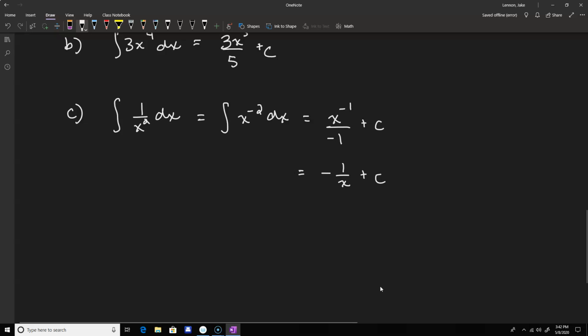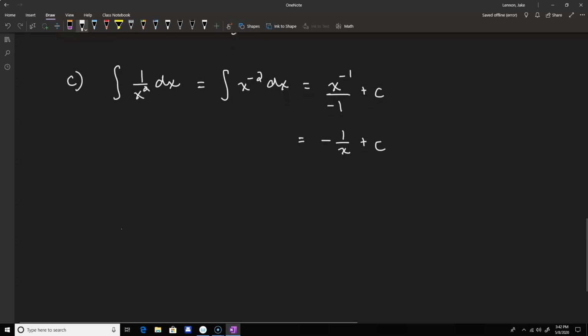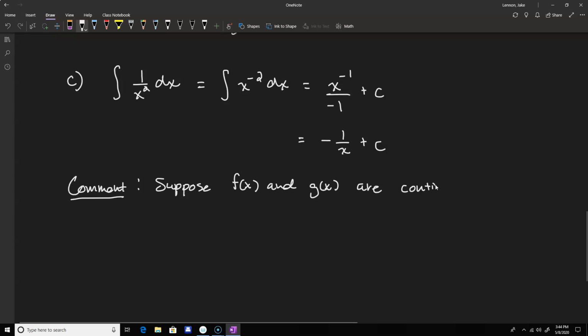So let's make that comment first. Comment: let's suppose f of x and g of x are continuous functions. Basically, the nice thing about continuous functions is you can always find an antiderivative. They're always integrable.